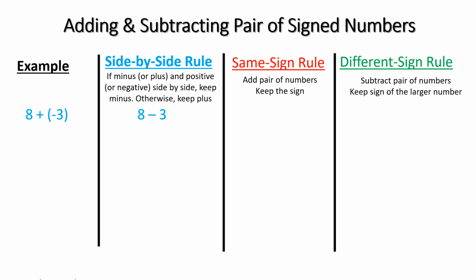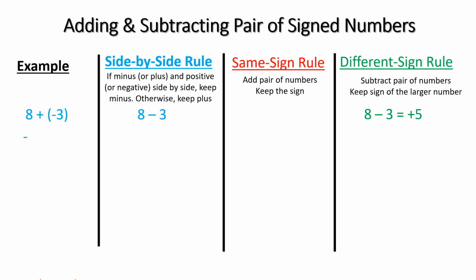Eventually, we can see in the last two columns that there are different signs. We have a plus 8 minus 3. Since we have a plus and a negative sign, we go to the third column and subtract the two numbers and keep the sign of the larger number.